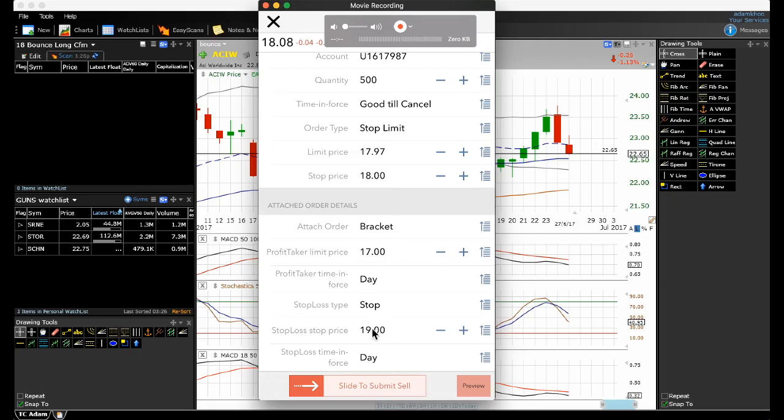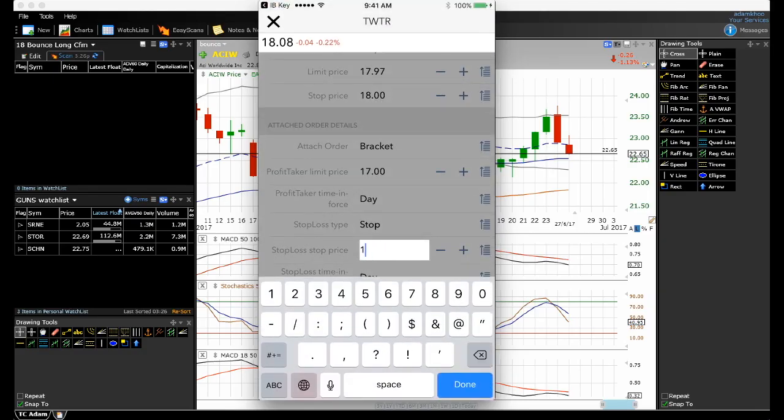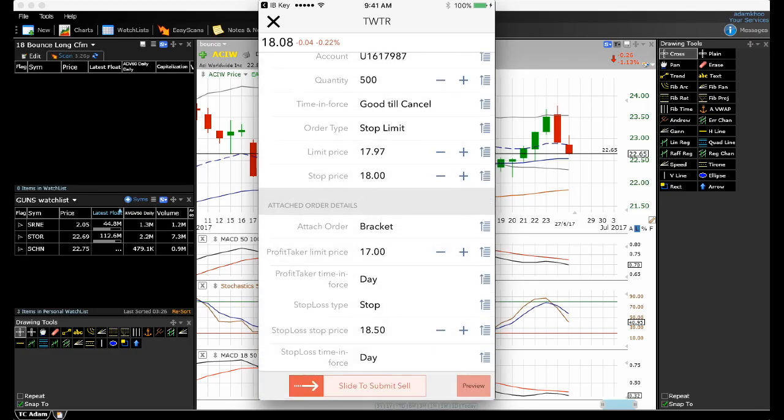If it goes up to $18.50, for example, I'm going to stop out, right? So 50 cents risk per trade. I'm going to put my take profit at $17. All right, that's fine.